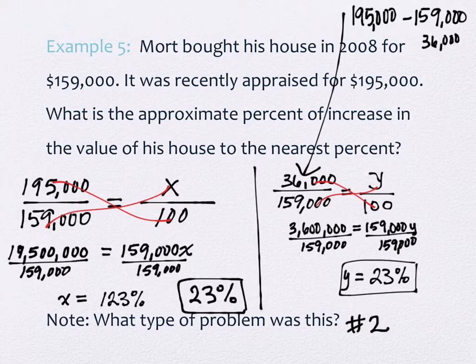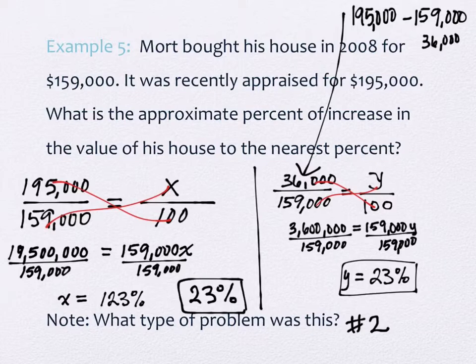Cool. So 23%. Okay, so again, either way works, doesn't matter to me in the slightest, but just recognize that you have to be careful some point along the way that you're answering the question that was asked. The question that was asked here was about the increase in the value. So we either have to address the question at the end to get the 23 out of the 123, or at the beginning to change the 195,000 to 36,000, okay?